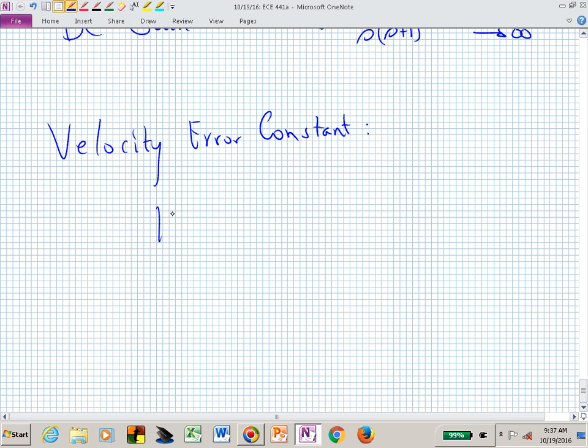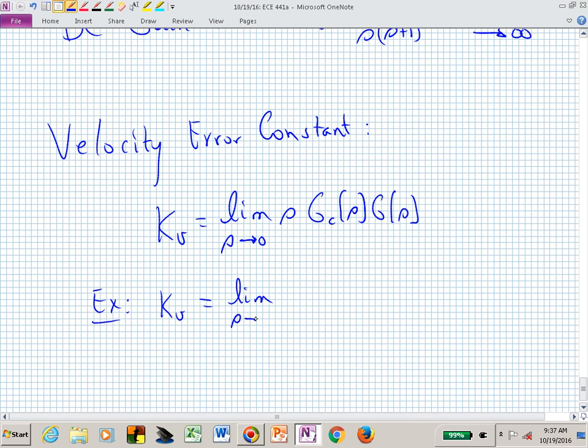But the velocity error constant is this K sub v, which is the limit as S goes to 0 of S times G sub C of S, G of S. And in our example, what's the velocity error constant? We didn't have any G sub C, we had this.